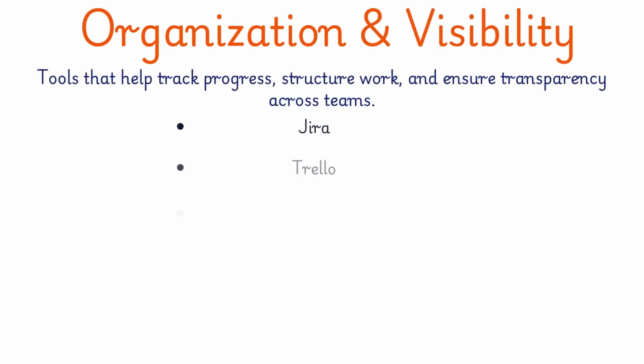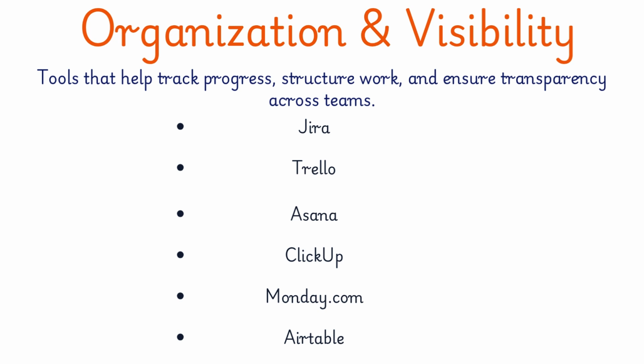The first segment I will be highlighting is the organization and visibility tools. These are tools that help track progress, structure work, and ensure transparency across teams. Examples of tools under organization and visibility are Jira, Trello, Asana, ClickUp, Monday.com, Headtable.